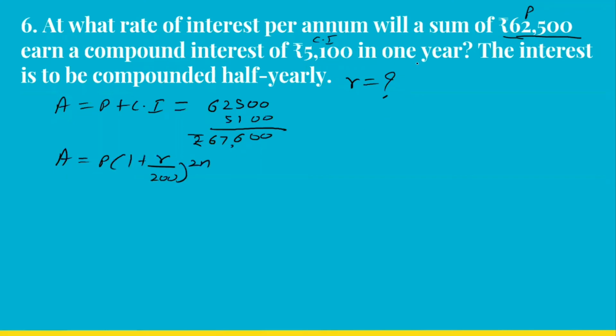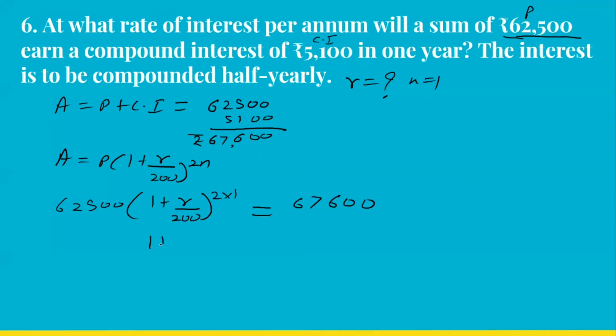Okay. So it is 1 year. So n is equal to 1 year. So amount we know it is 67,600. So principal is 62,500 in bracket 1 plus R, you don't know, upon 200 raised to 2n, that is 2 into 1, which is equal to 67,600.